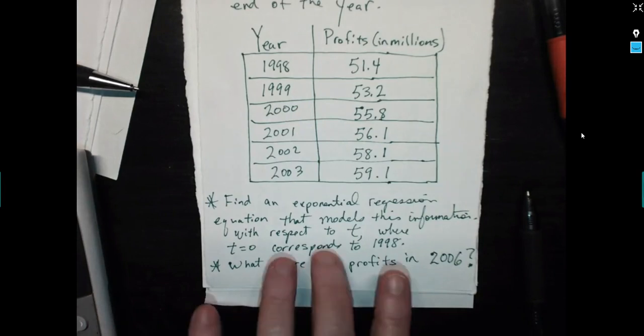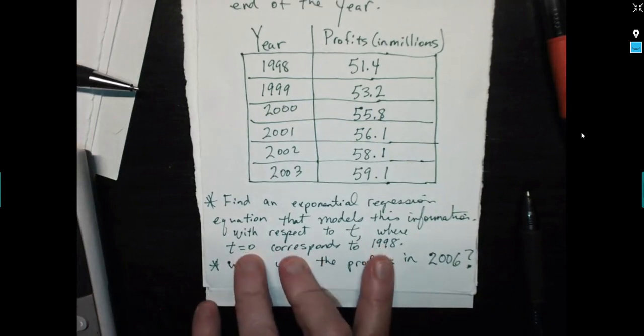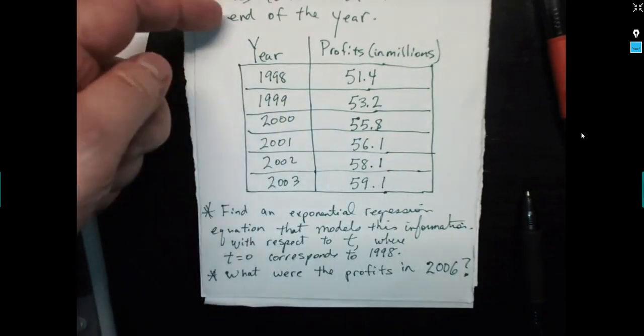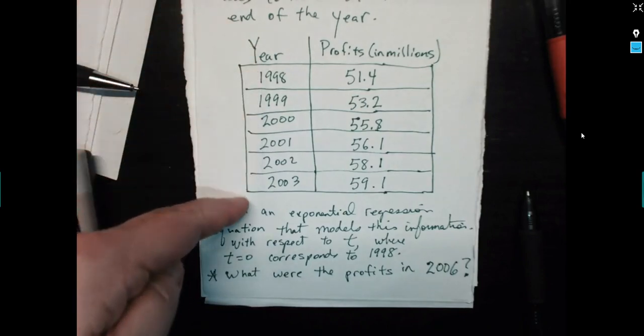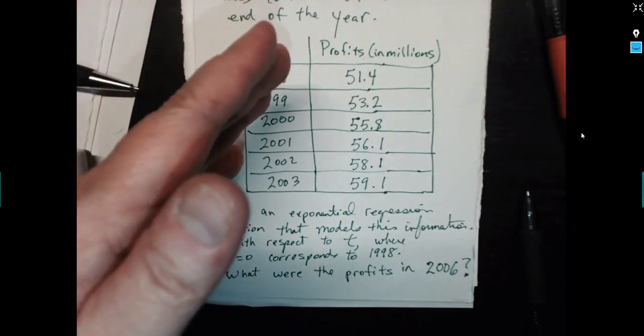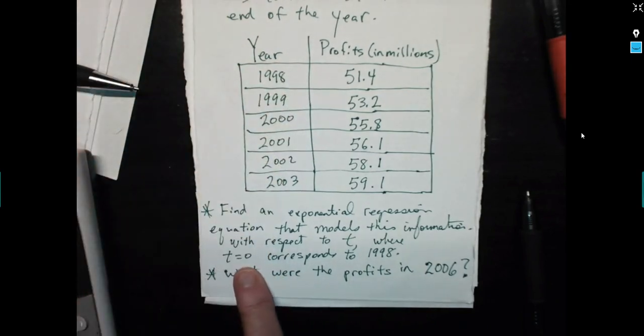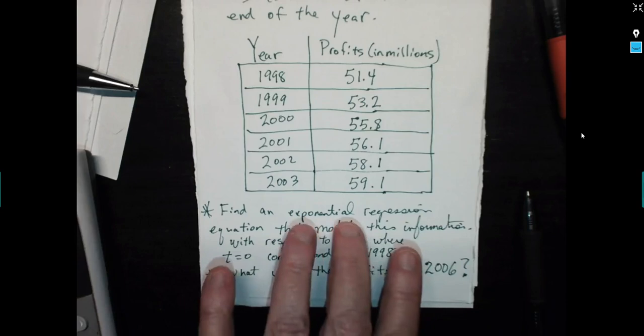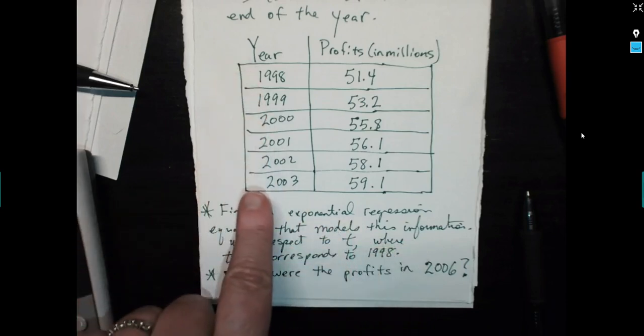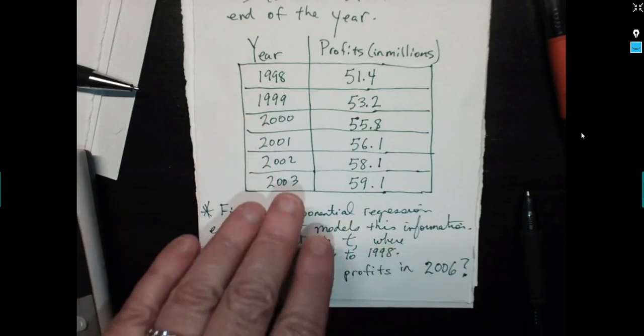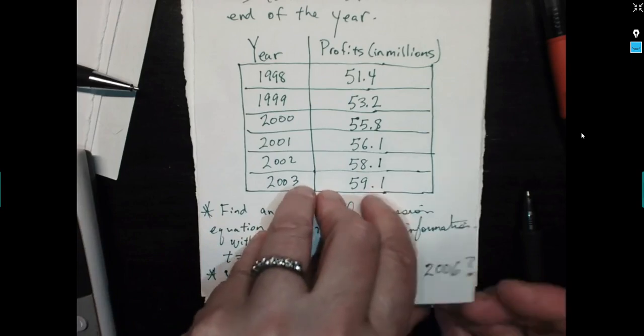Now notice that this gave you the instructions to do that, but whenever you have a column or a row that lists years, you need to do this every time, even if the instructions are not there. Because if you do this by the literal year, your equation is going to be horrible, horrible.